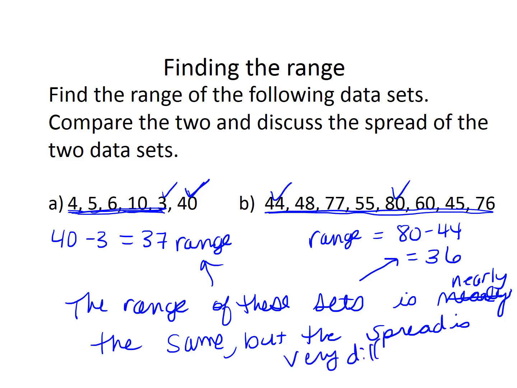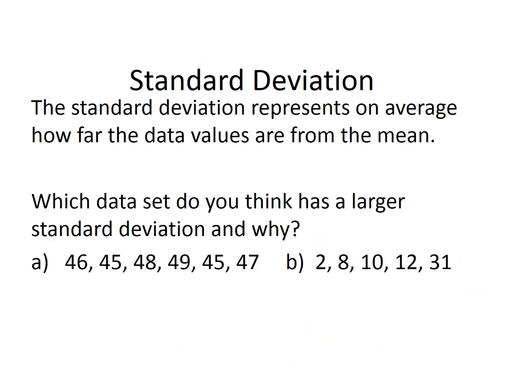So what we really want is a good measure of spread, which is called the standard deviation. The standard deviation represents, on average, how far the data values are from the mean. Which data set do you think has a larger standard deviation and why? These data values are close together, 45 to 49.